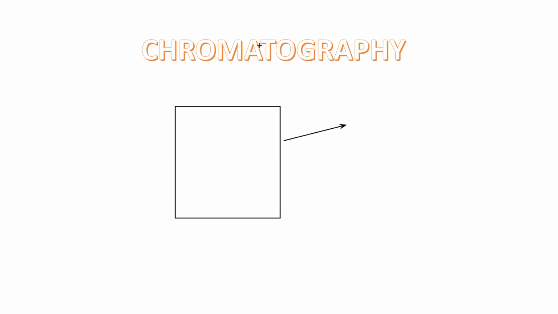So first what we do, we take a paper. This is a paper. This paper is known as a chromatogram. You should be able to label this.